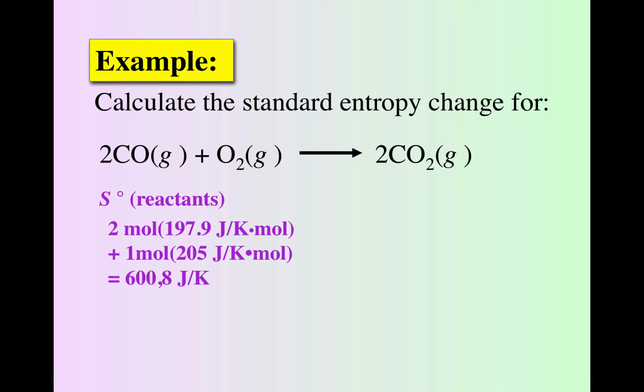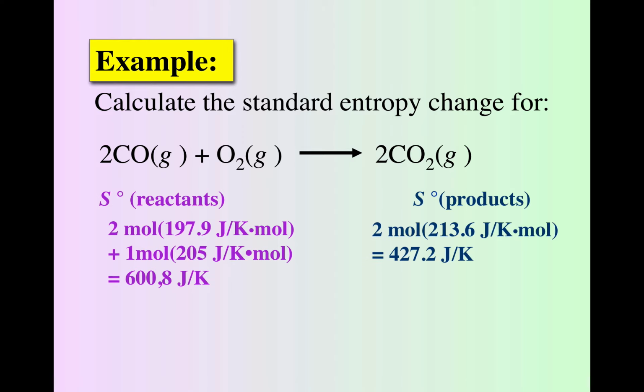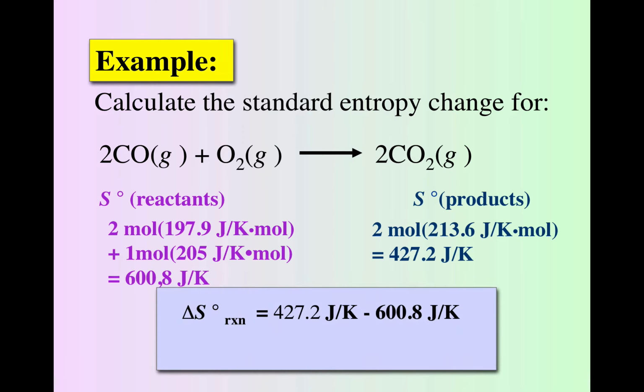So we look these up, multiply them by the coefficients. We look up the S of formation for CO2, multiply it by its coefficient, and then subtract reactants from products to get the change. So as we predicted, it has a negative sign. So we're losing disorder during this process.